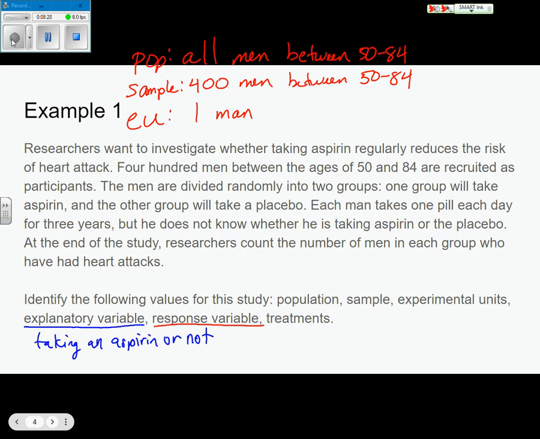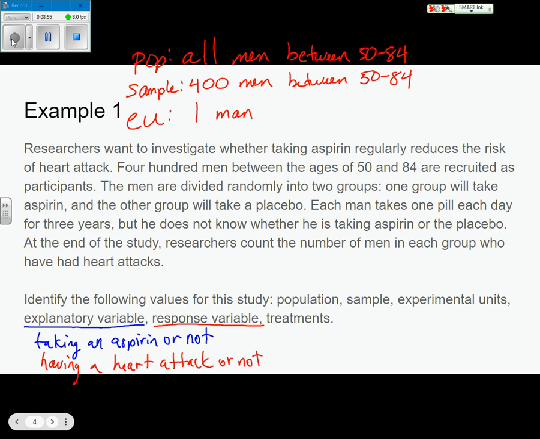What's changing at the end of the study as to whether they take an aspirin or not? What am I hoping to show? Heart attacks. Okay, so the response variable is having a heart attack, or not.